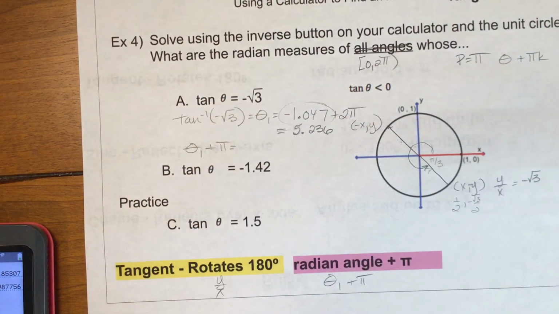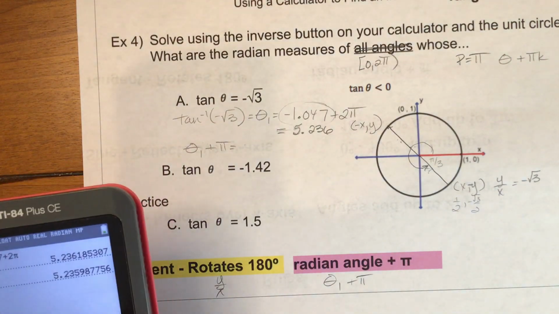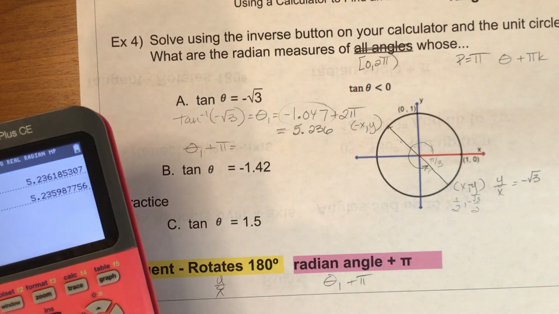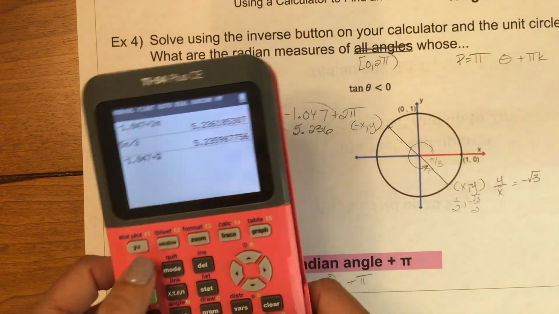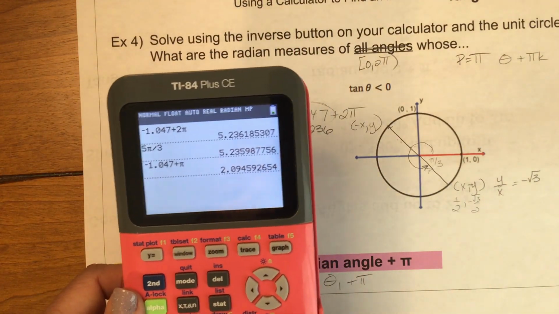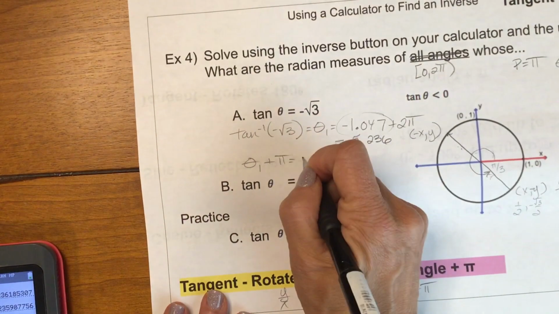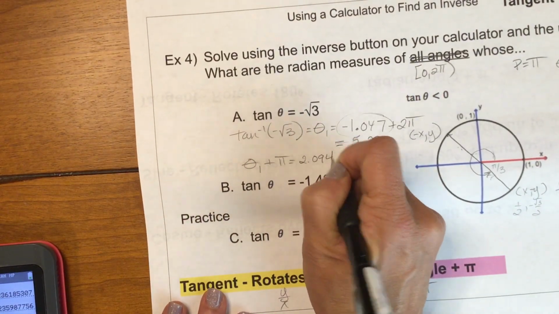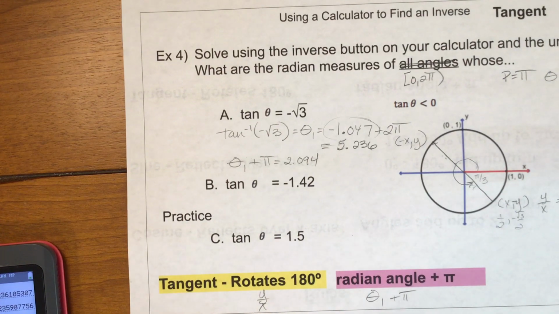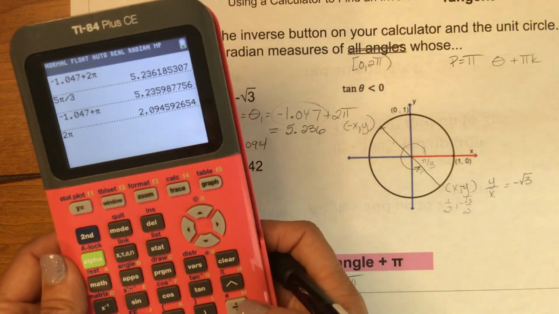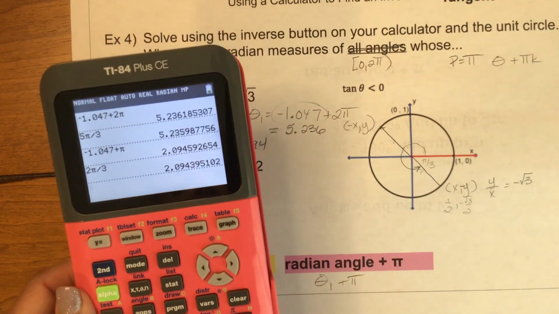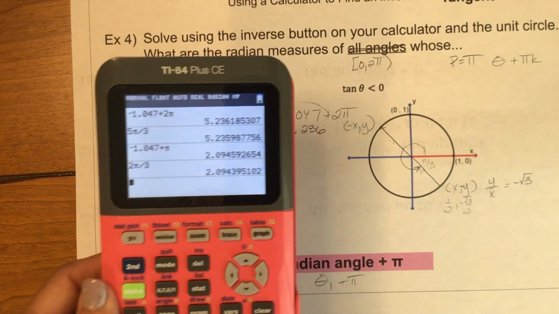So I'm going to add it to the original. So if I come up here, negative 1.047, and I add pi to it, I get 2.094, which should be 2 pi over 3. So we can just check 2 pi divided by 3. Right.